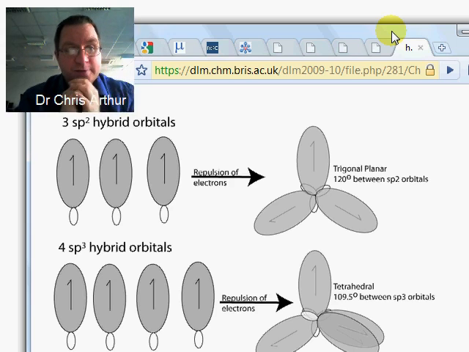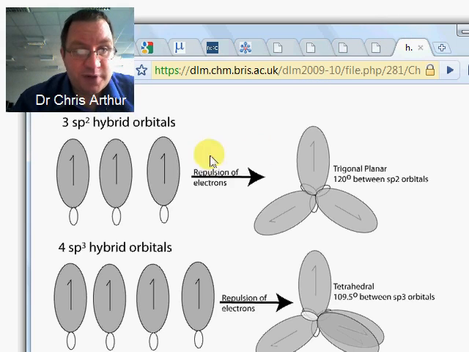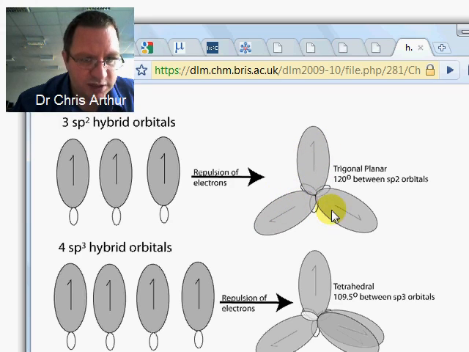Now, if you think about how you'd get three groups as far away from each other as possible, for sp2, that is trigonal planar with 120 degrees between each lobe. So there's 120 degrees here, 120 degrees here, 120 degrees here.